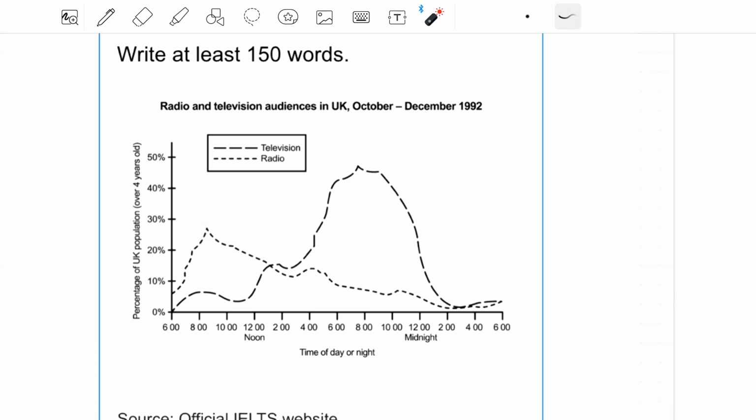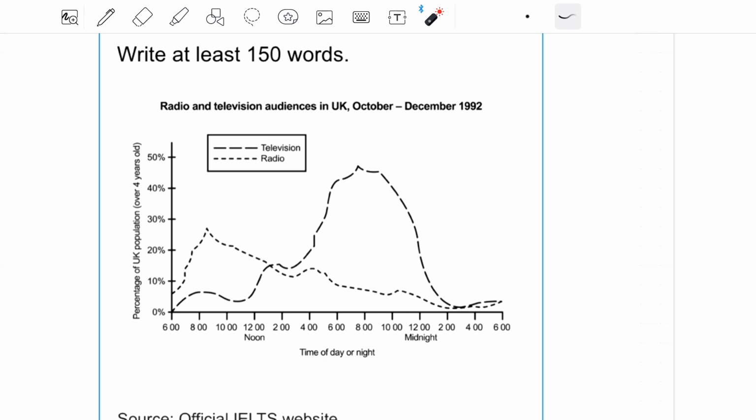So this was the peak at about 8 a.m. But afterwards, the number of listeners gradually decreased. And by midnight and later, about 2 a.m. or 4 a.m., very few people, almost negligible.